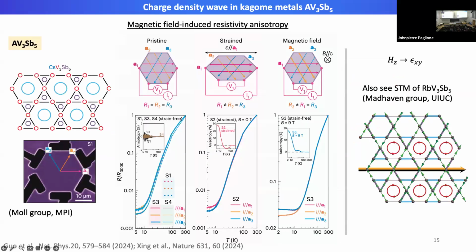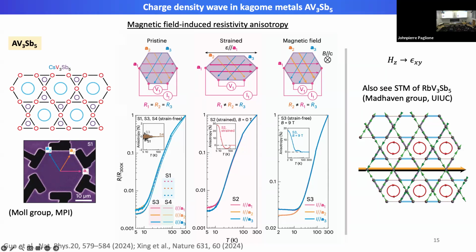Okay, so the last example I want to show you here is perhaps the most exotic one, and this is the charge density wave state of the vanadium-based kagome metals, where there has been a lot of controversy over whether the charge density wave breaks time reversal symmetry, from muon and Kerr effect measurements.